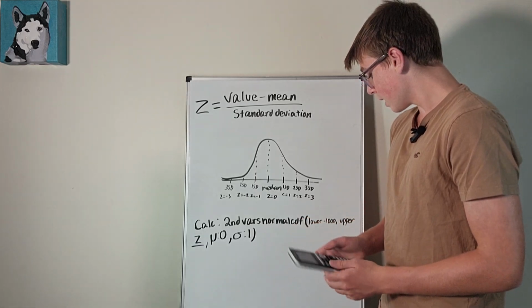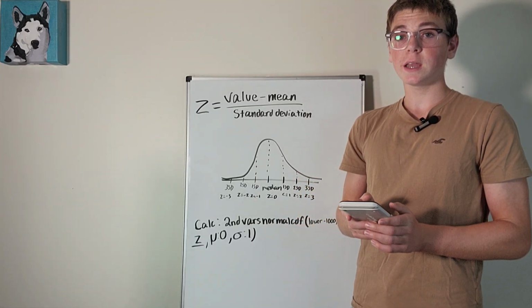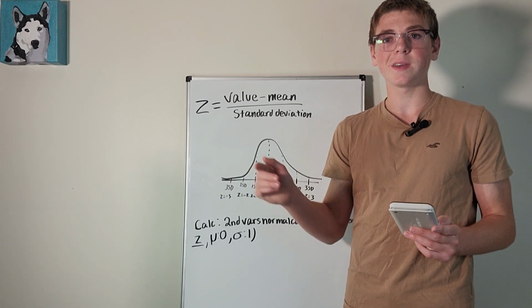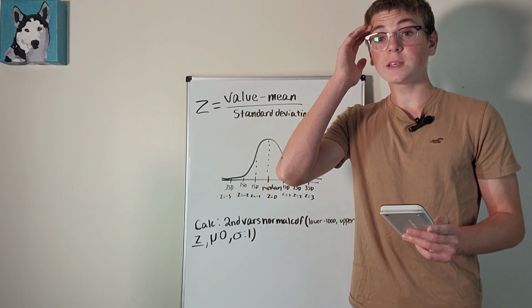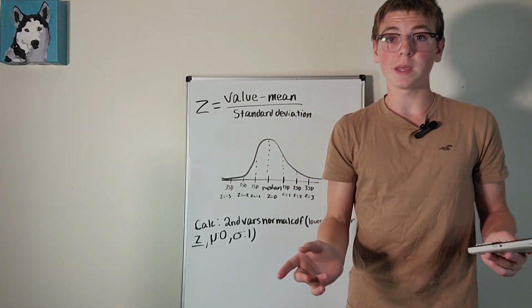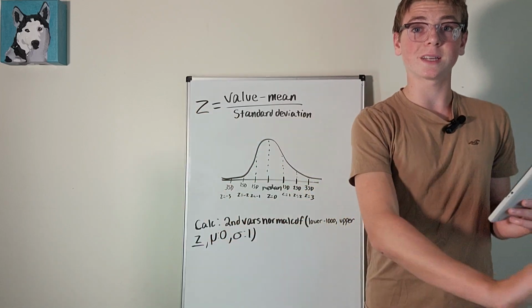And then your upper is whatever number your z-value is. So if you're saying, oh, a z of 1.5, meaning we're 1.5 standard deviations above the mean, this is for normal graphs. That's why we pressed normal CDF. It'll tell you all the points that are below it.